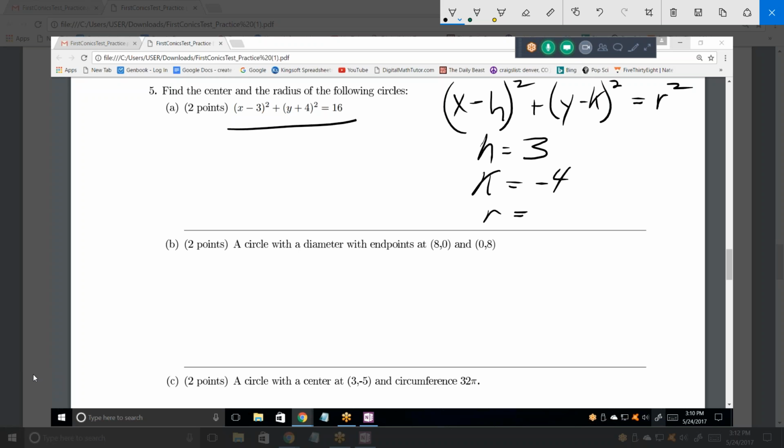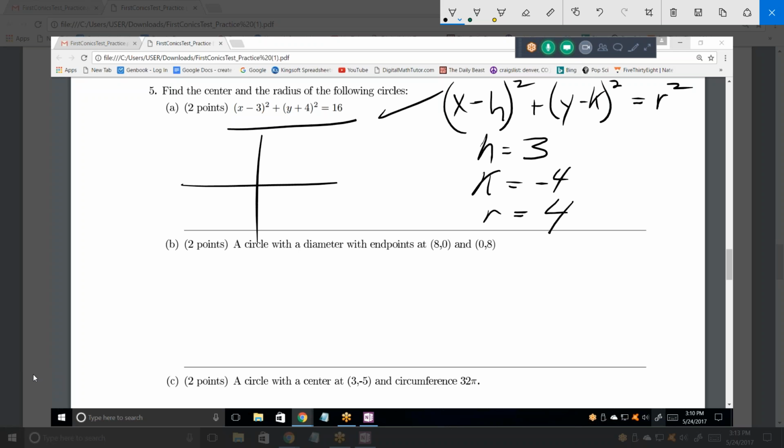R is what? 16. No, that's r squared. It's 4. That's why you need to know this general formula. If you do not know that general formula, you really can't solve this. There's no hope. Once you know the center of the circle and the radius of the circle, it's a piece of cake.